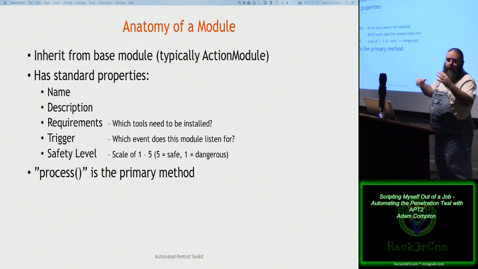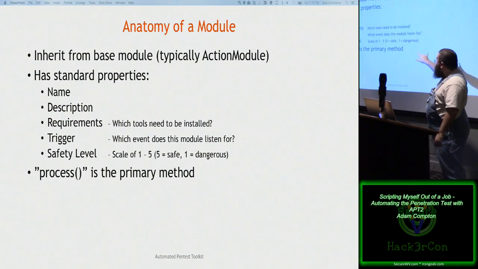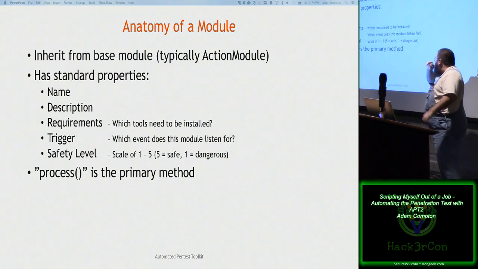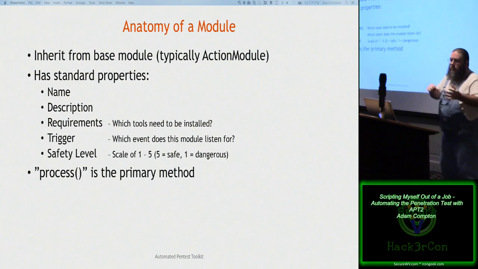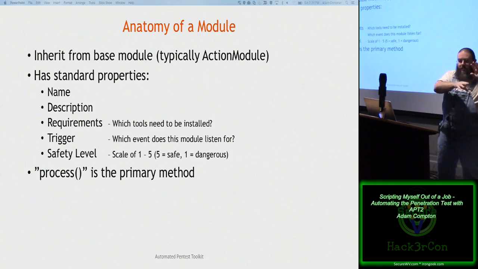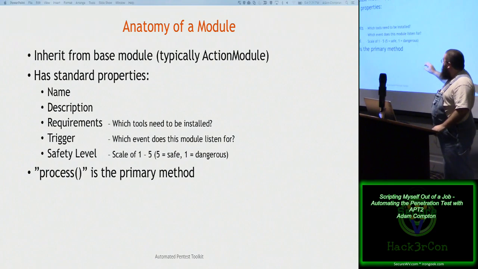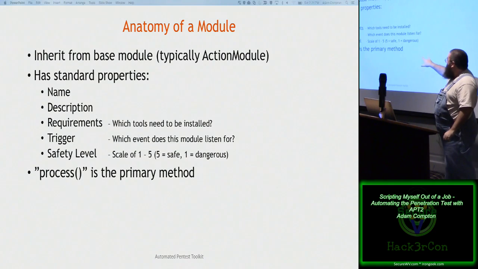Trigger, what events is this listening for? It could be listening for one or more events, such as it might be listening for port FTP or port 21, either one. Could be listening for a web one, port web or HTTP, HTTPS, 80, any number of ones you want to put in there for it to trigger off of.